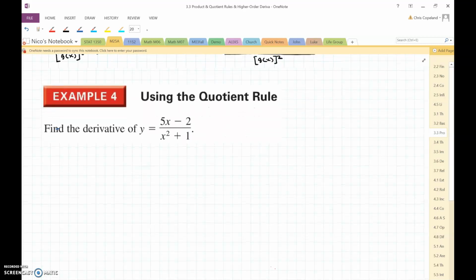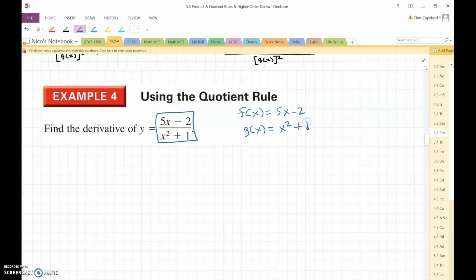Let's do an example here. So here is an example of when you would use the quotient rule. Again, we're going to use the quotient rule here because this function is a function divided by a function, where f of x is equal to 5x minus 2, and g of x is equal to x squared plus 1.